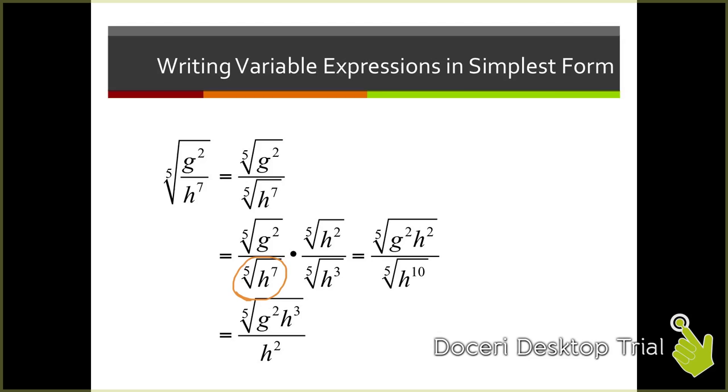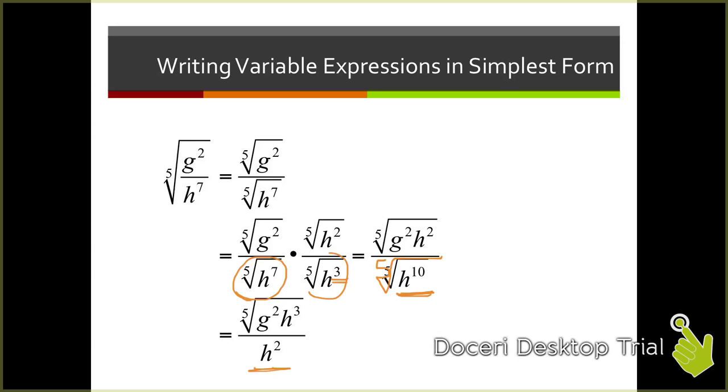So how many more h's do I need so that I can divide by 5 evenly? And so I choose 3 h's, which ends up giving me h to the 10th. And when I take the fifth root of h to the 10th, that's going to give me h squared, and the radical is now gone.